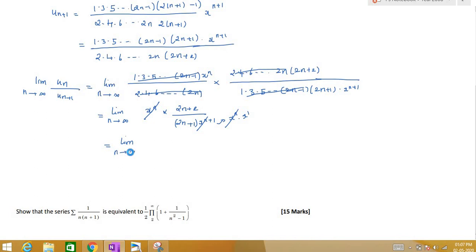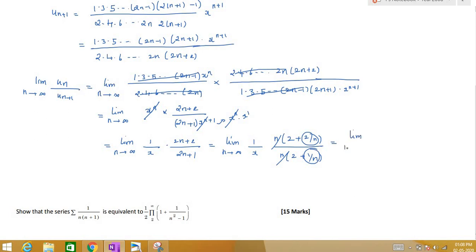Therefore limit n tends to infinity 1 by x into 2n plus 2 by 2n plus 1, right? If I apply n tends to infinity here, this will be limit n tends to infinity 1 by x, and if I take n common here, I'll have 2 plus 2 by n. If I take n common here, again I'll have 2 plus 1 by n. So these two will get cancelled. As n tends to infinity, this will be equal to 0, this will be equal to 0.